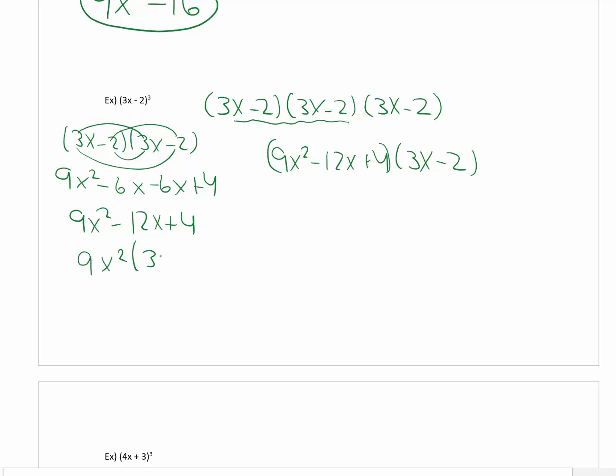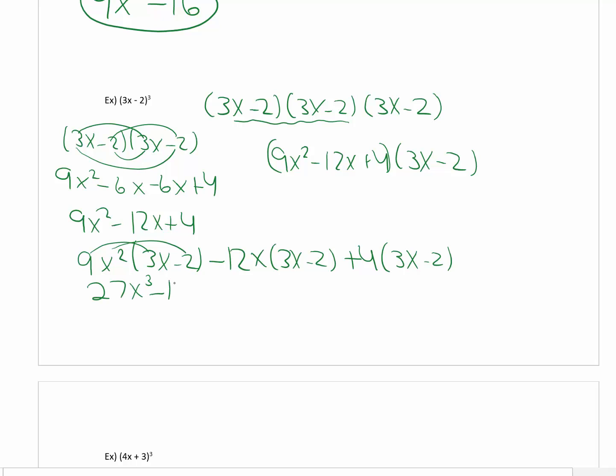Take 9x squared, multiply by 3x minus 2, negative 12x, multiply by 3x minus 2, and then positive 4 times 3x minus 2, and distribute. Negative and a negative is a positive. And now combine like terms.